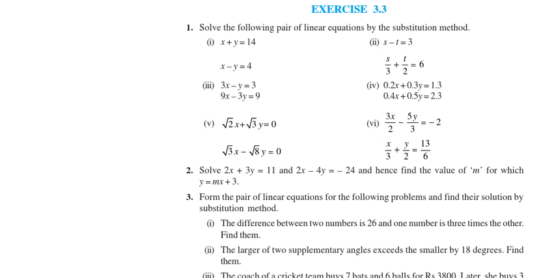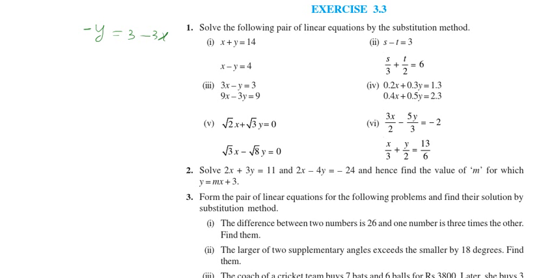So from the first equation, I'm going to find the value of, let us say, y, because y will be easy to find. So minus y is equal to 3 minus 3x.